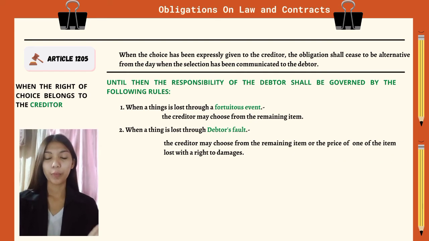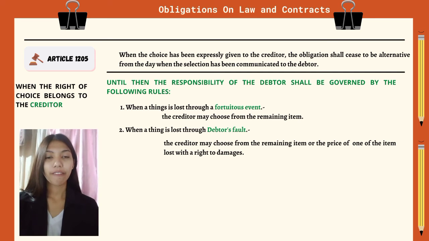So, before the creditor communicates the choice, the responsibility of the debtor shall be governed by the following rules. First, when a thing is lost through a fortuitous event, the creditor may choose from the remaining items.